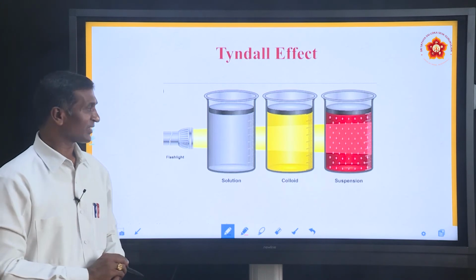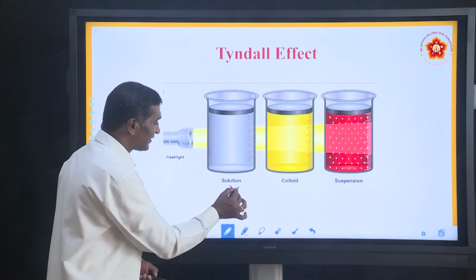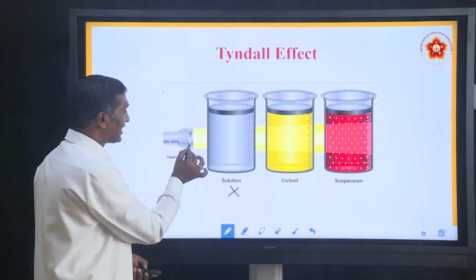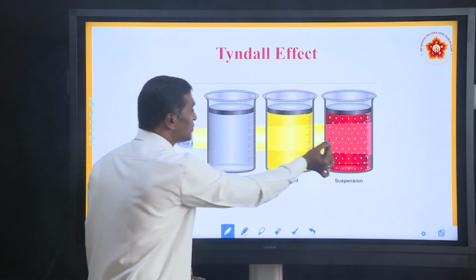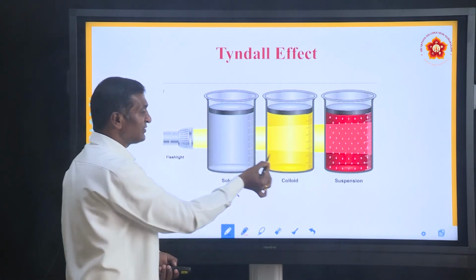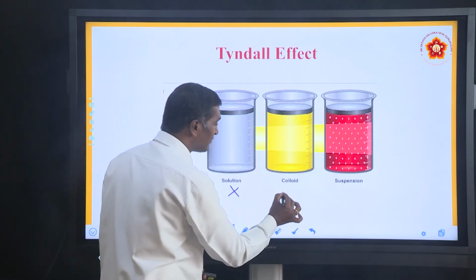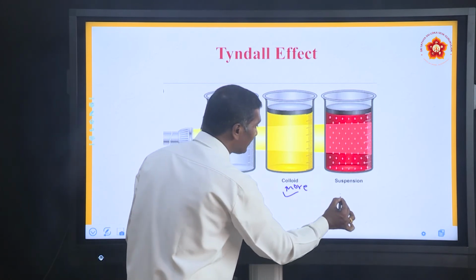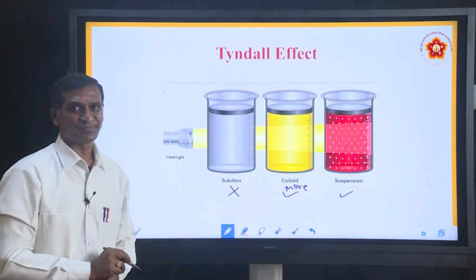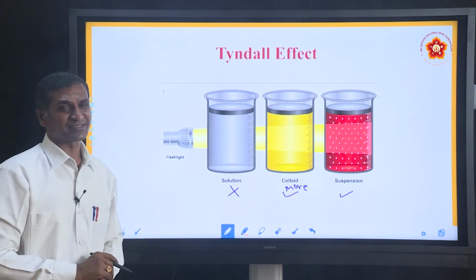See, in a solution, no Tyndall effect. A flashlight is passed through the three: solution, colloid and suspension. Here we see more. Here we see it, but not much in the suspension. So, this is how the Tyndall effect is observed.